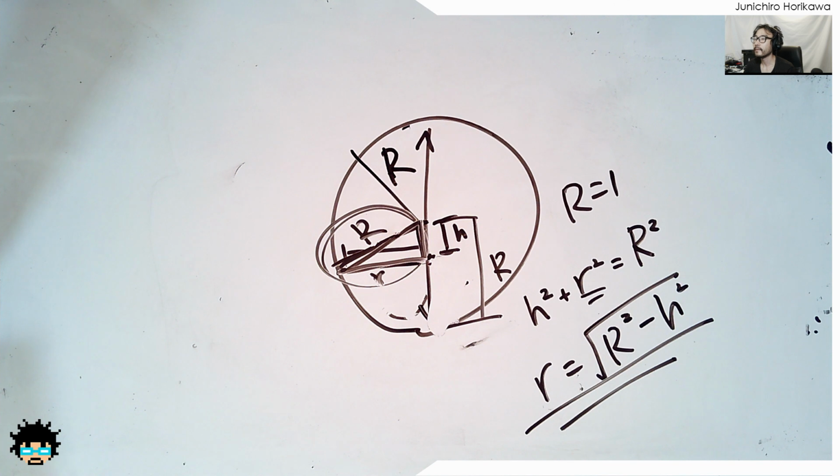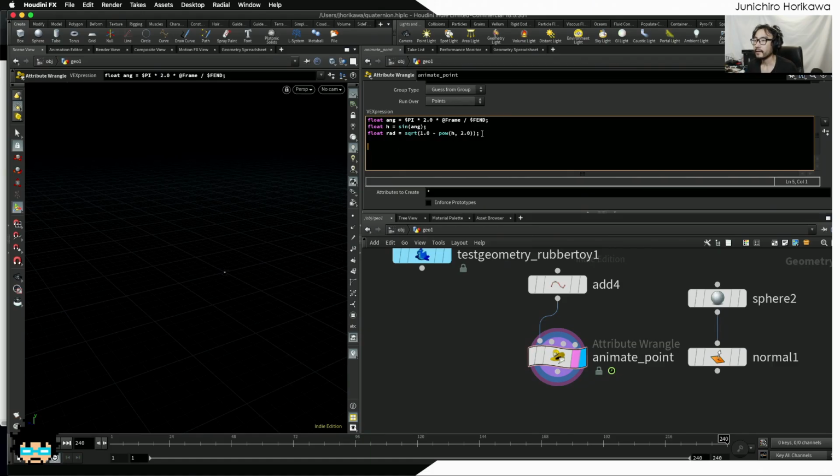It's the Pythagorean theorem, which can be done by sqrt(1.0 - pow(h, 2.0)). That will be the radius. I have just calculated the radius by square root of 1.0 minus h to the power of 2, like this.